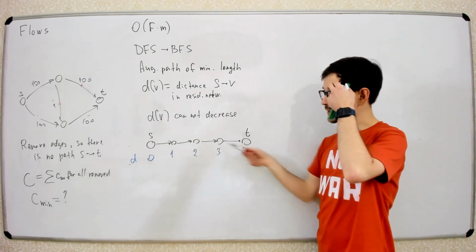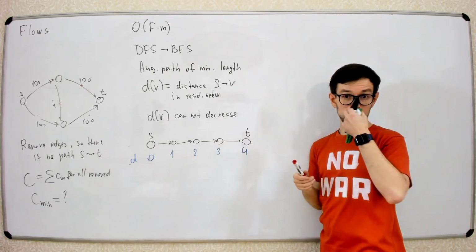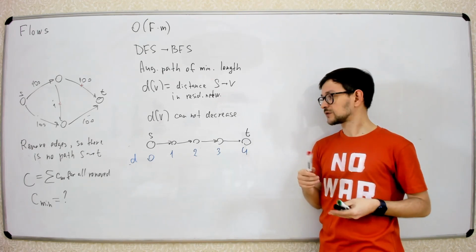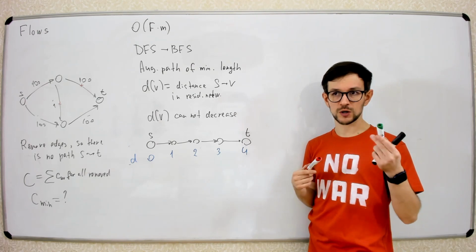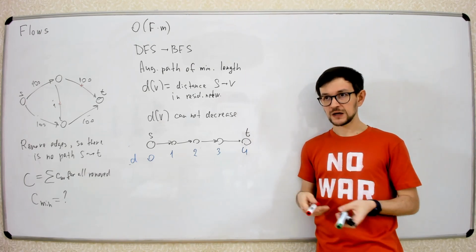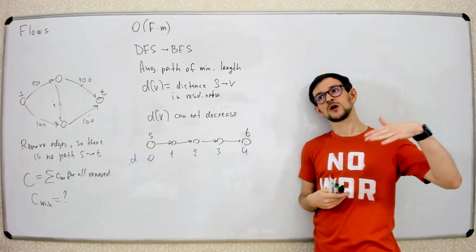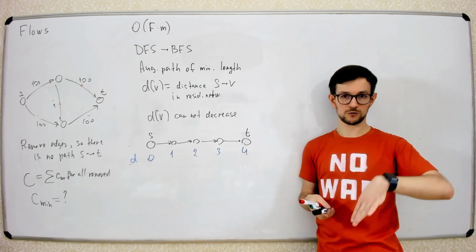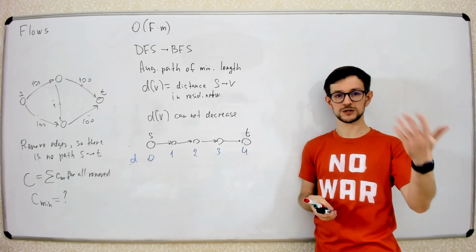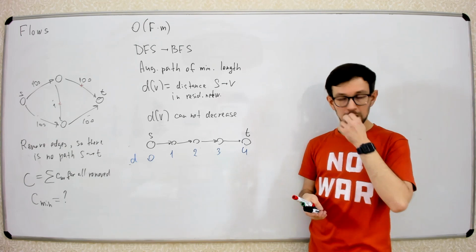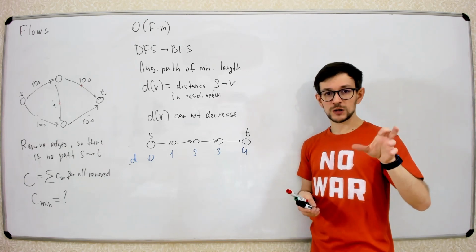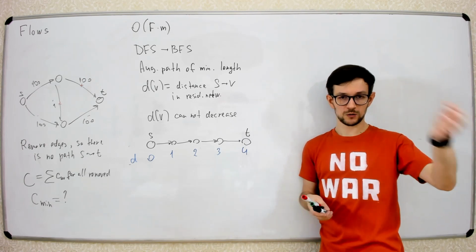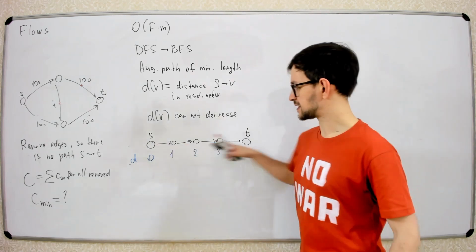Yes, we'll remove at least one edge along this path. The edge will be removed if the residual capacity was greater than 0 and became 0. So the edge became saturated and it is removed. It may only happen when we increase the flow for these edges.